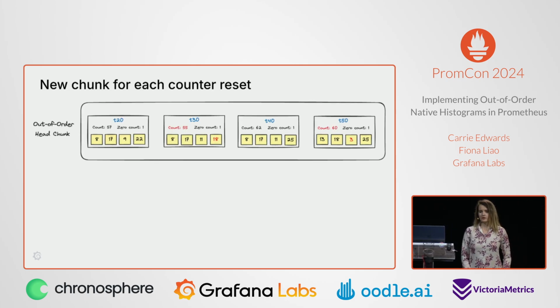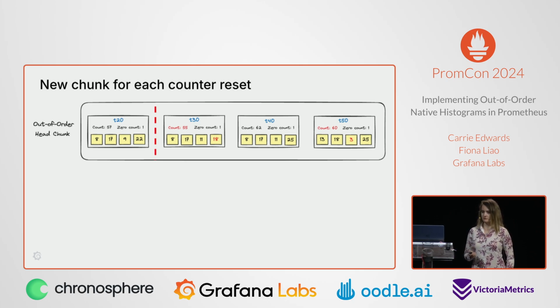So a new chunk has to be created for each counter reset, and this required a change in how chunks are handled in other parts of the code. Originally, the code expected there to be a single chunk. Now, when the head chunk gets full or reaches its max capacity, and it's being written out to memory as an immutable chunk, it can be split up into multiple chunks if there's a counter reset.